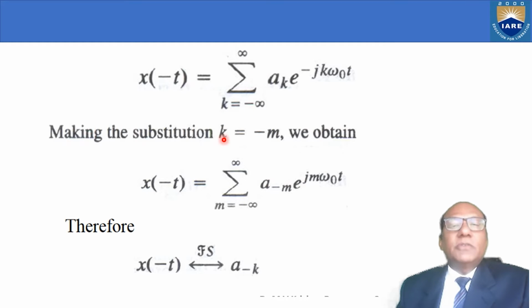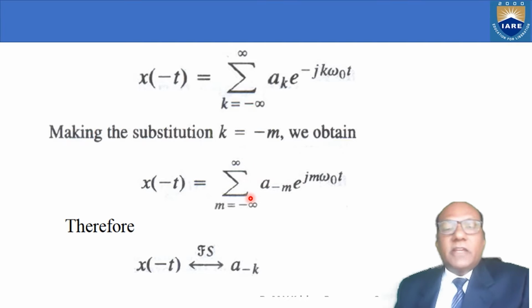Now I substitute k equal to minus m. So here it is minus m, and this k also becomes minus m. So minus m means plus infinity becomes minus infinity. It doesn't matter whether you start from plus infinity to minus infinity or minus infinity to plus infinity, so I kept m equal to minus infinity to plus infinity.